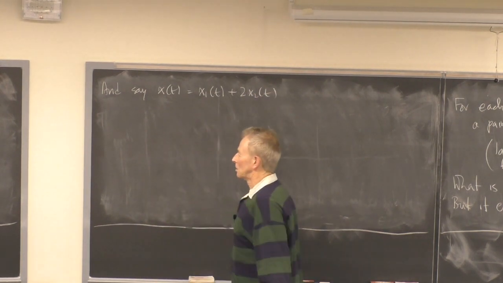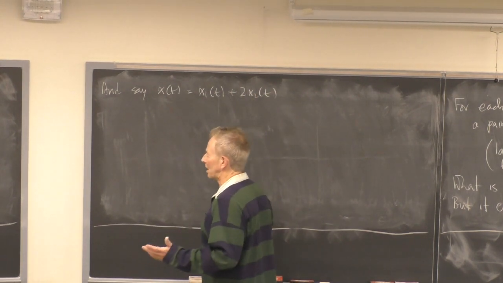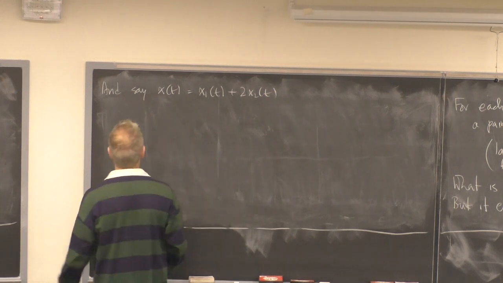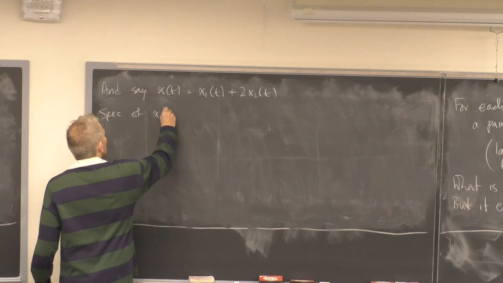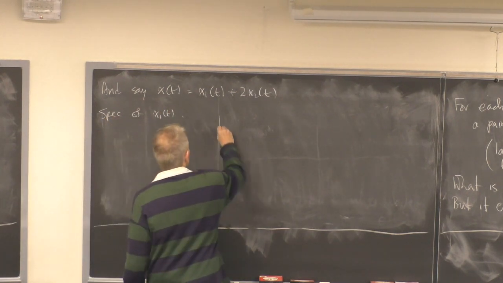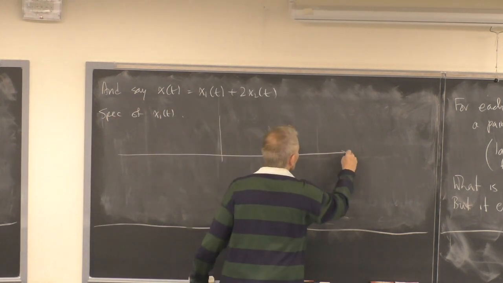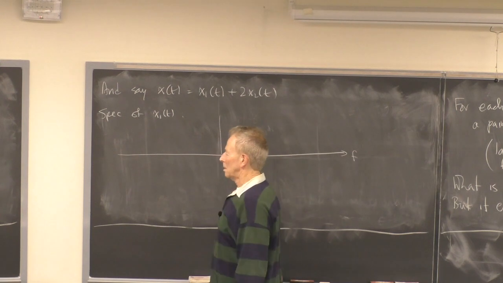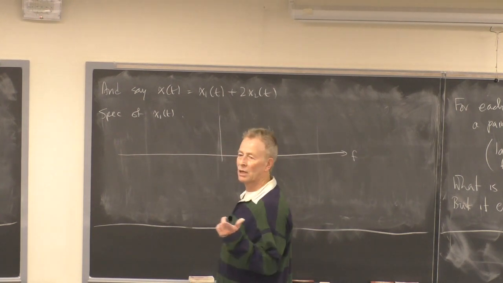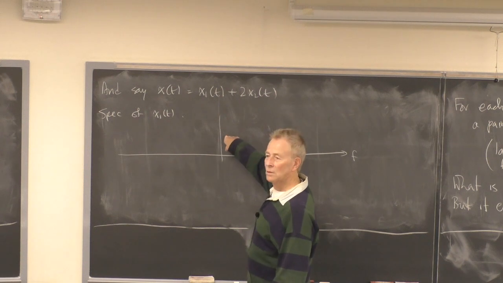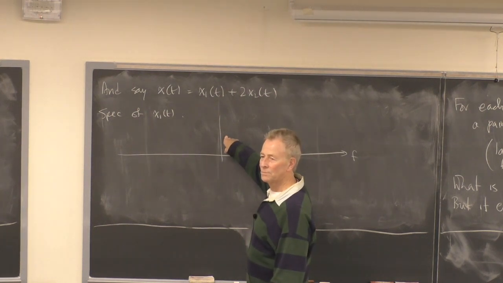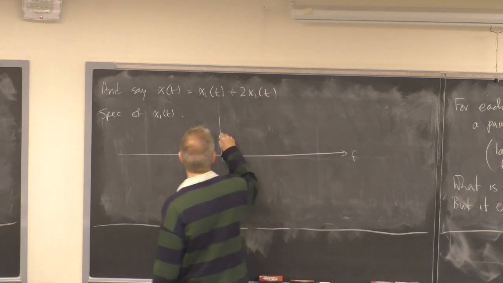Okay, so let's figure out the spectra of x1, x2, and x. So the spec of x1 is going to be minus 3. You have a constant term. So what do we put at 0 here? How long is our stem? 3.